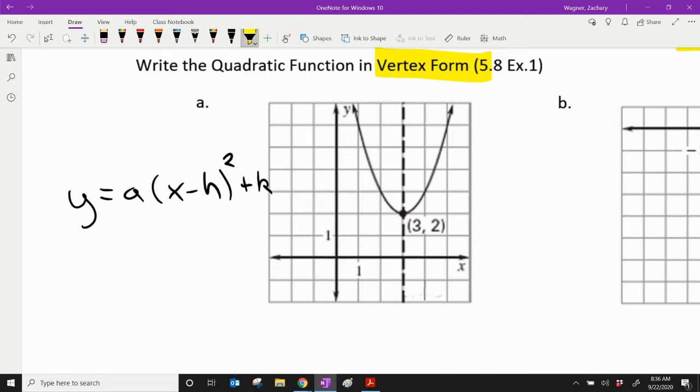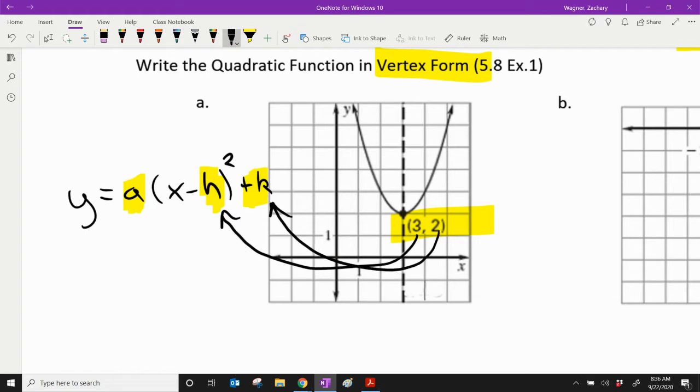Luckily, if we're given the vertex in vertex form, we already know 2 of my unknown values. Right? When you're solving for vertex form, there's 3 things we don't know. We don't know a yet, we don't know h yet, and we don't know k yet. Luckily, if I'm given the vertex, (3, 2) goes right there.